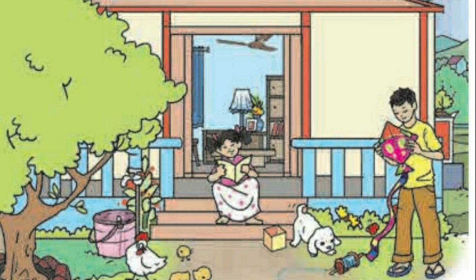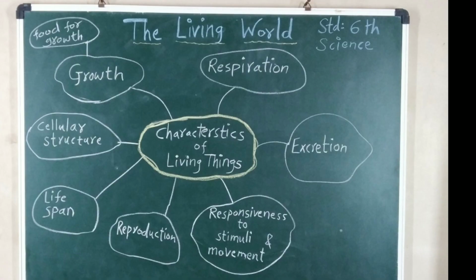Let us see the characteristics of living things. Here are the characteristics of living things: growth, respiration, excretion, responsiveness to stimuli, reproduction, lifespan, and cellular structure.